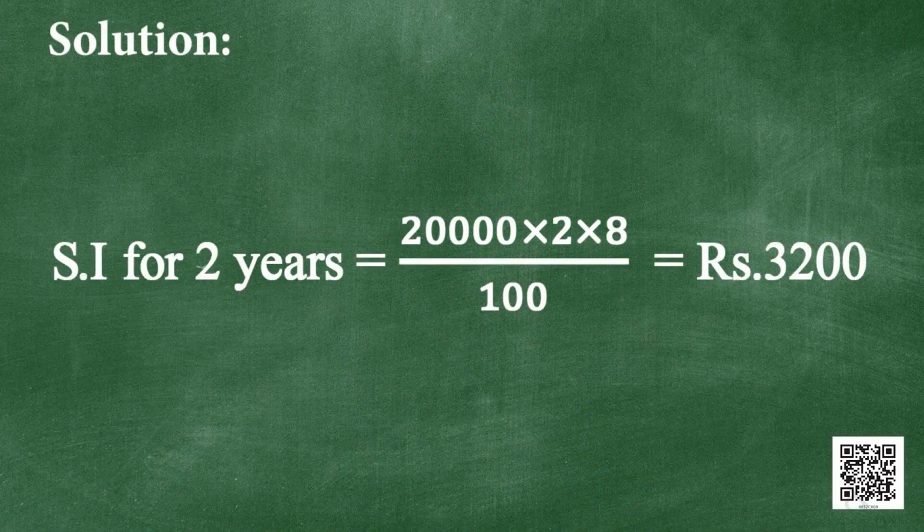Simple interest for 2 years is equal to the principal amount 20,000 multiplied by the time, 2 years, multiplied by the rate, 8% per annum, divided by 100, which is equal to rupees 3,200. Students, we find that the compound interest is rupees 128 more than the simple interest. So if Arun would have used compound interest, he would pay rupees 128 more.